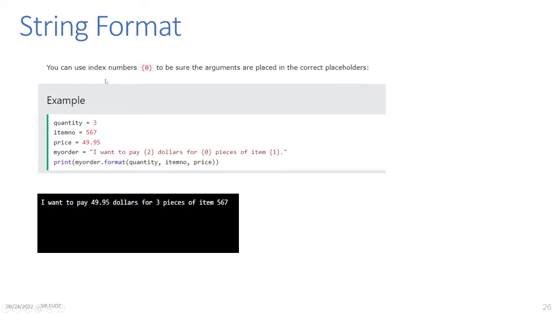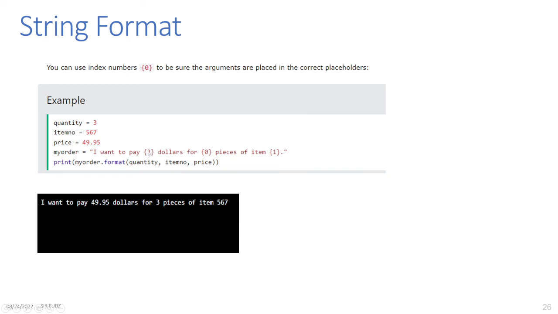We can also use an index, such as index 0, to be sure the arguments are placed in the correct placeholders. The number inside the braces is the index. For example, here we have quantity 3, item number 567, and price equals $49.95. My order is "I want to pay {2} dollars for {0} pieces of item {1}." You'll notice in the format call I started with quantity, so that is position 0, item number is index 1, and price is index 2.